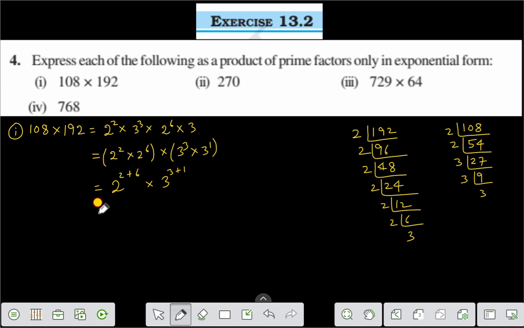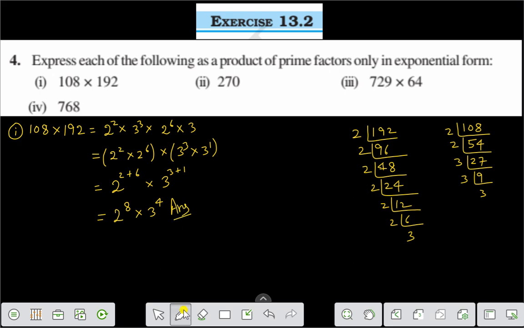And we are getting 2 to the power 8 into 3 to the power 4. This is the answer, 2 to the power 8 and 3 to the power 4. This is the answer of question number 1.